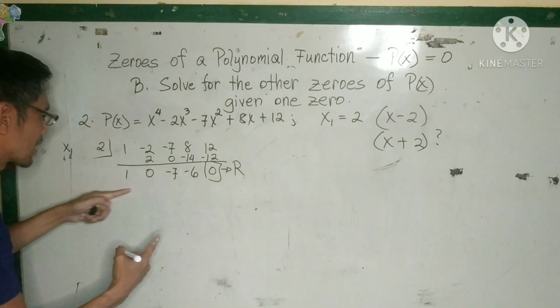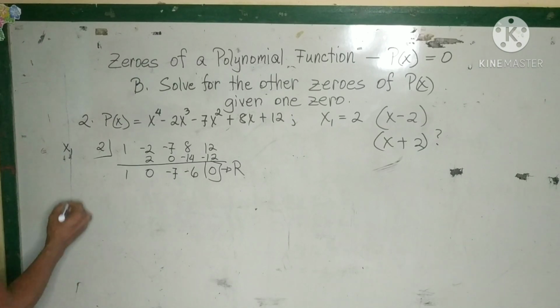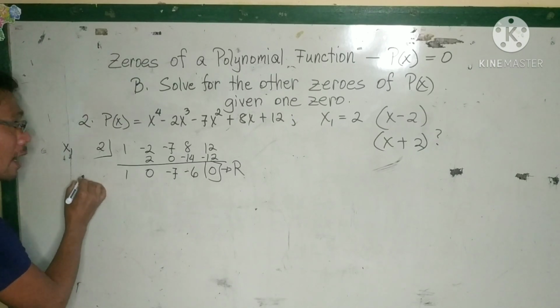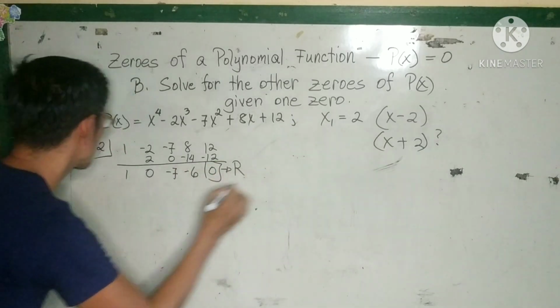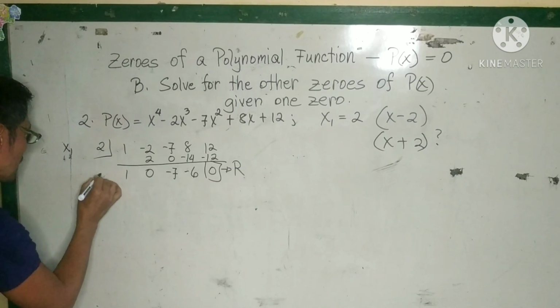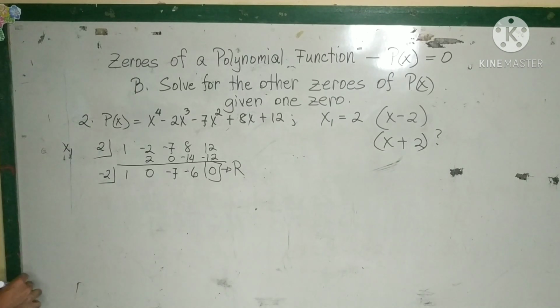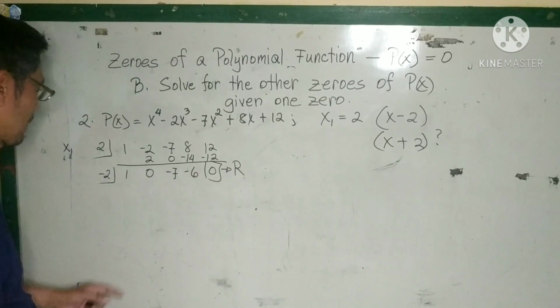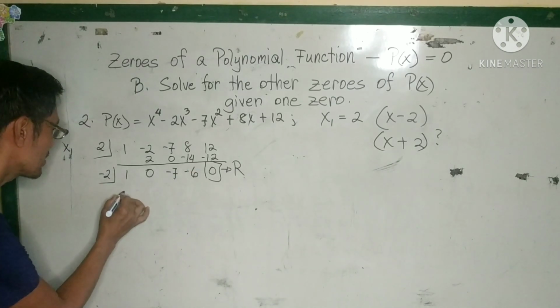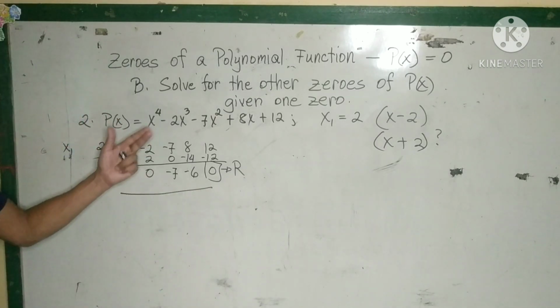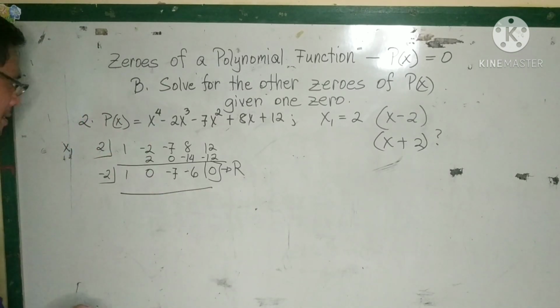So from here, let's continue. So from x plus 2, we will be getting negative 2. Okay. So let us check. Using the synthetic division again, let's just continue.